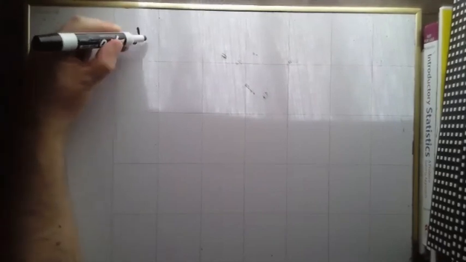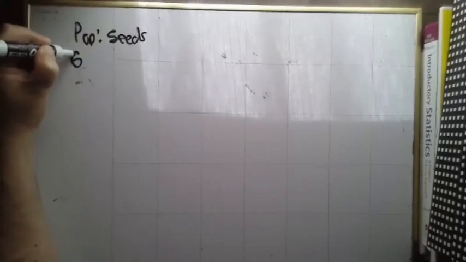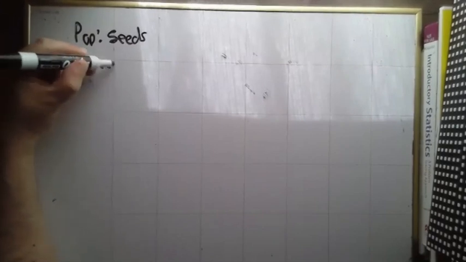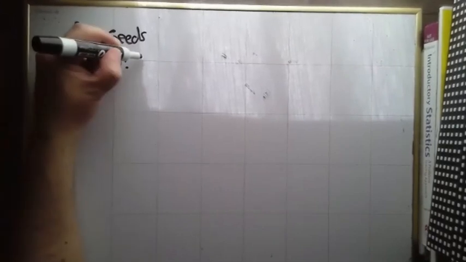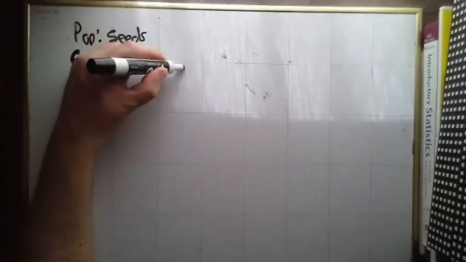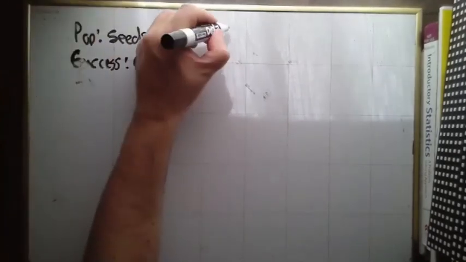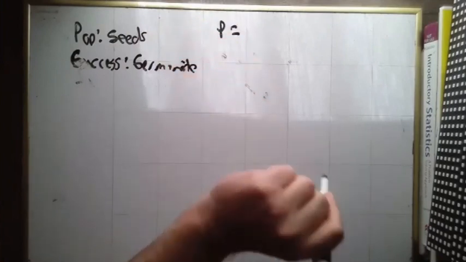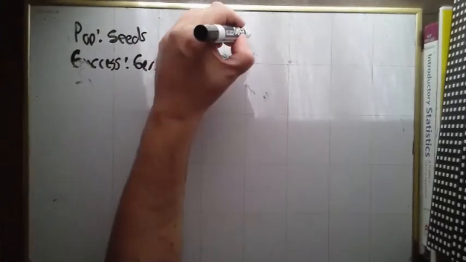Our population will be seeds, the successful ones germinate. And then we think that our population success rate is, I think it was 92%, is 92%.